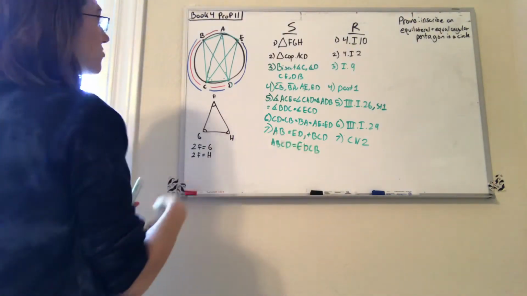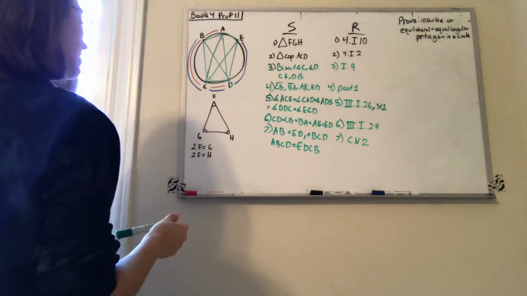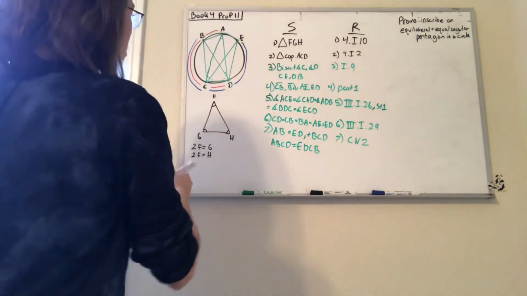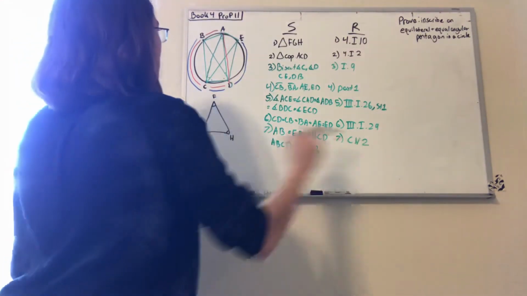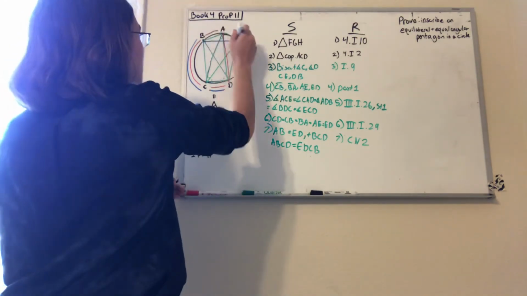So these two circumferences that we made are equal. Just an imaginary line to show you is here and here.